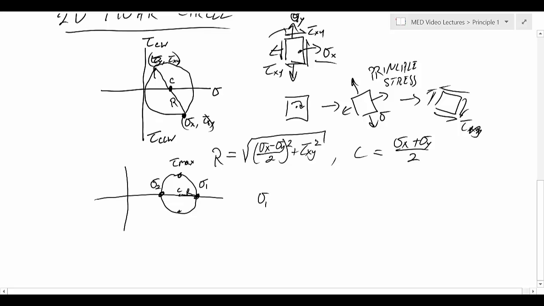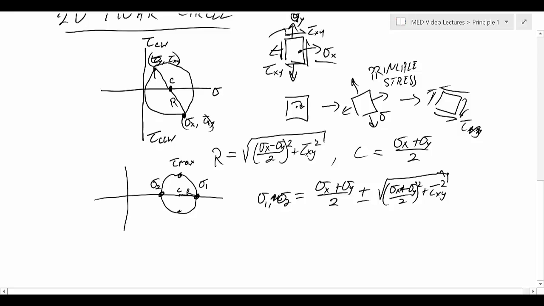So sigma 1, comma sigma 2, can be found by starting at the center, sigma x plus sigma y over 2, and either going radius forward or radius back. So that is the square root of sigma x minus sigma y over 2 squared plus tau xy squared.